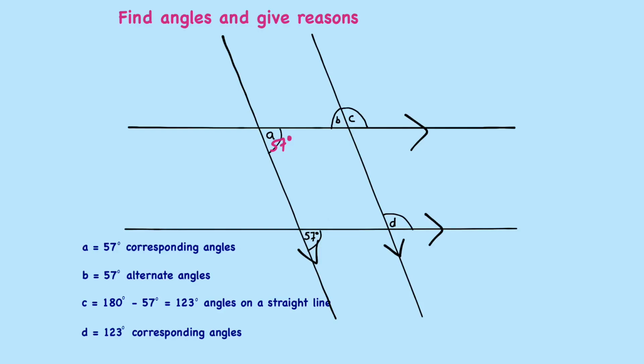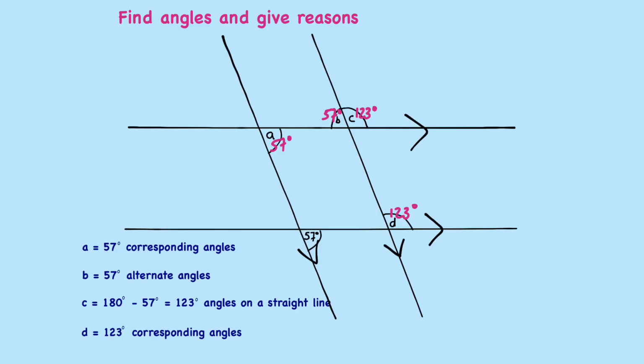Then I used alternate angles to find B, which was also 57. Then I used angles in a straight line to find C, so that was 123 degrees. Then to find D, I used my corresponding angles. So D was also 123 degrees.